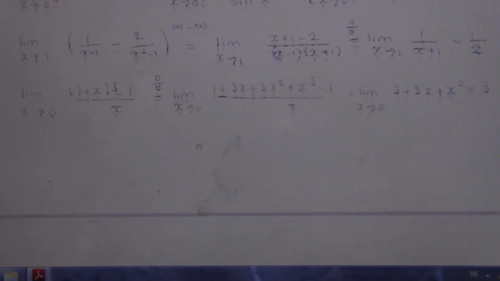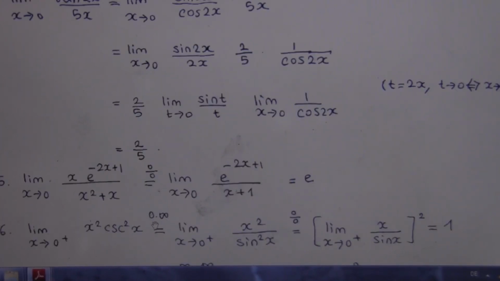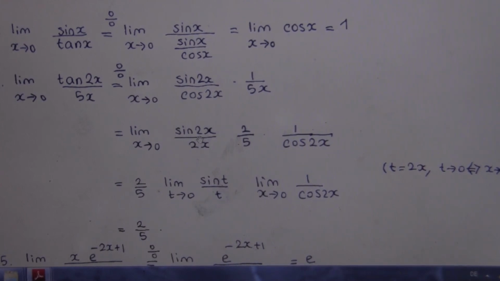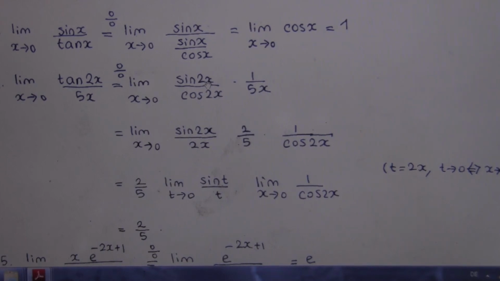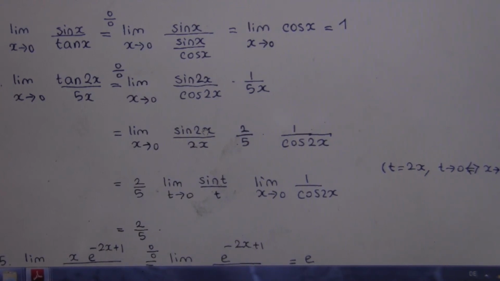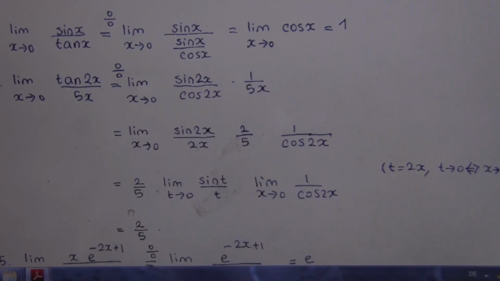Like the same thing we just did: they knew they wanted to use a trig limit by definition, so they created sine 2x over 2x. So you have to think of things like that. Create it, play around, just keep doing what you have to do. And they got the answer they had in mind at the end, which is just 2 over 5.